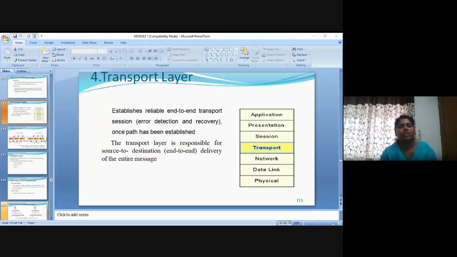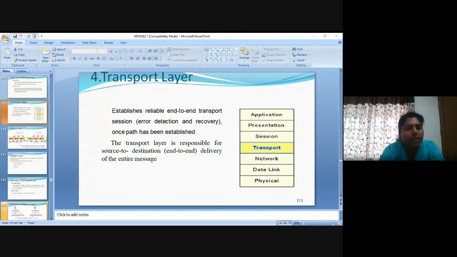What was the first function of the presentation layer? Vaishnav? You remember what were the functions of the presentation layer? No. Okay, you have to tell me once you end this class.